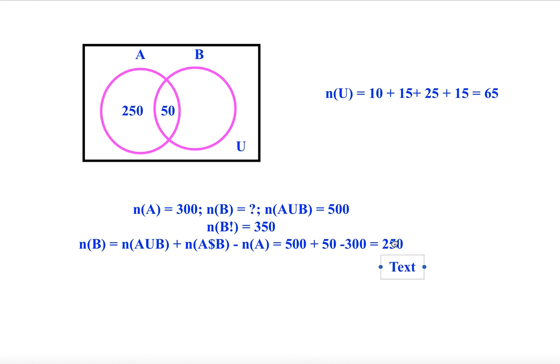Now you got the logic. 250 minus 50 is 200. So this is 200. Okay, when we add, we must get 500. 300 plus 200. Yeah, that this is correct. N of A and B must be 500. What else is given? These.